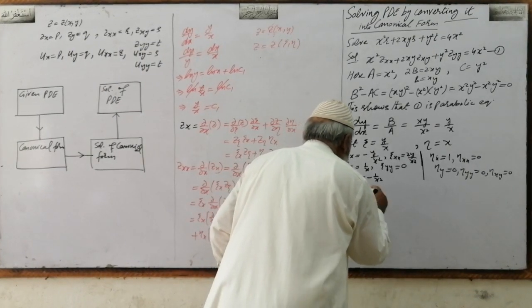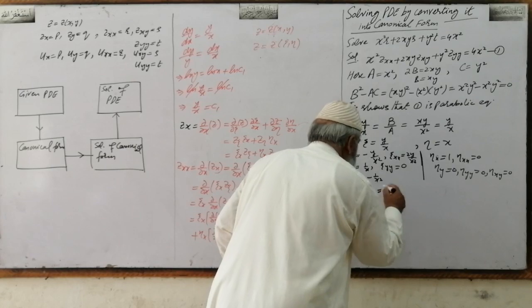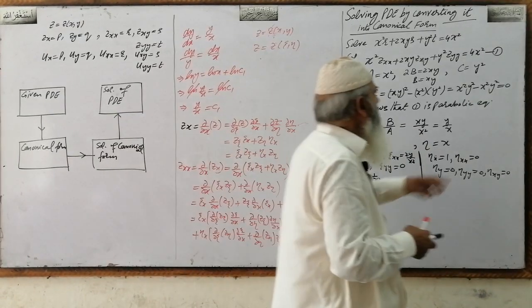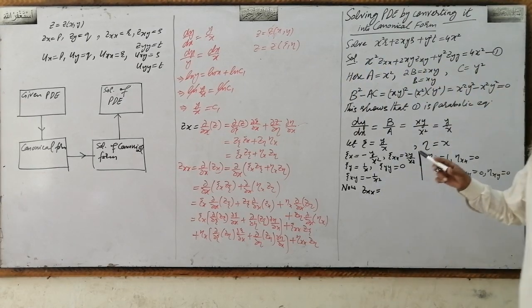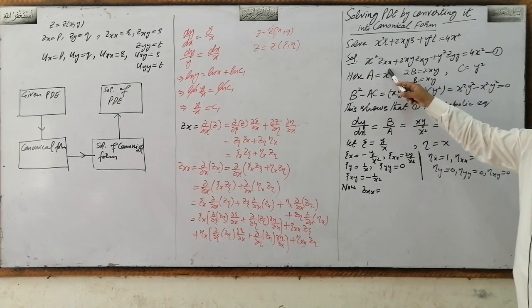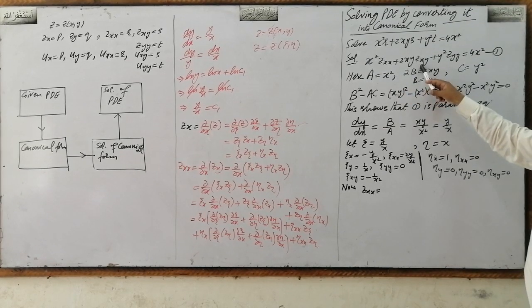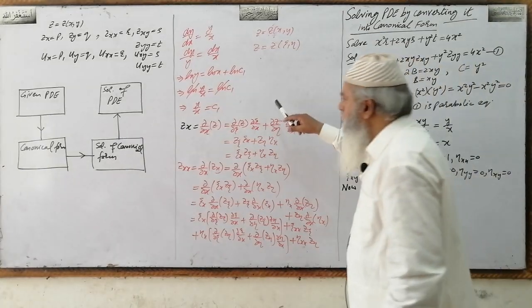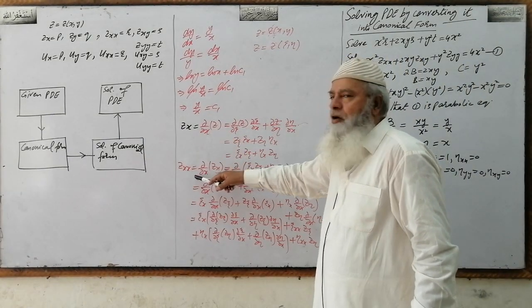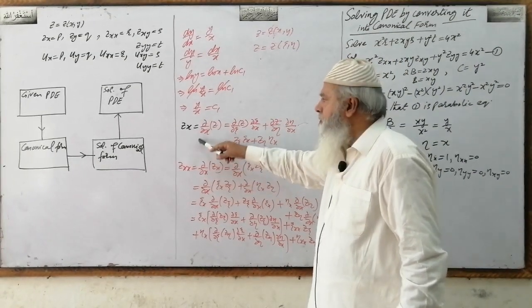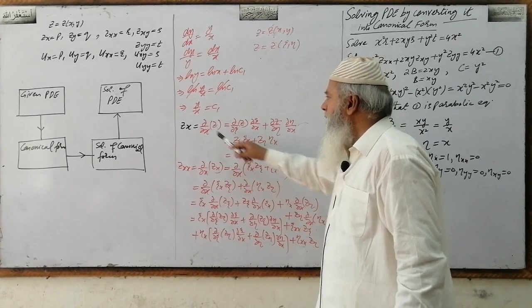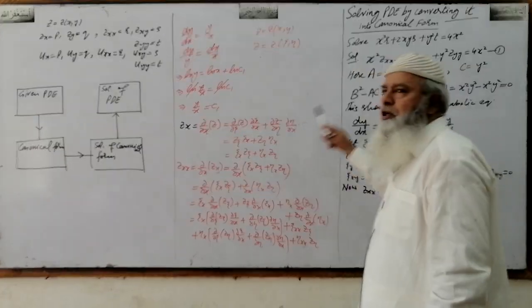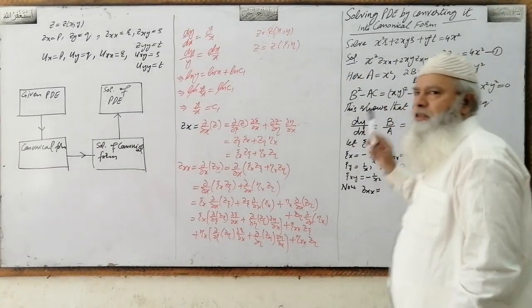first of all, I write here z double x. I don't need to write zx here. Why? Because in equation number 1, I need just to put the values of z double x, z xy, z double y. Although it is necessary to calculate zx for calculating z double x, we have calculated zx here, and with the help of this zx, we have calculated z double x, but there is no need to write it here in our steps.